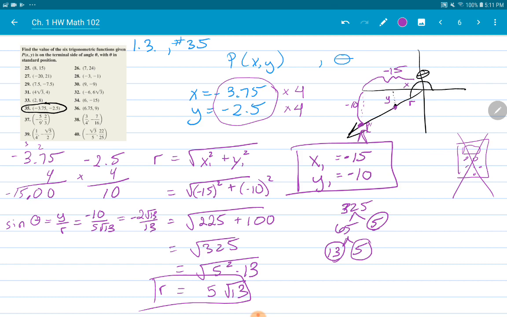Let me double check that's right. Yeah, that's right. And then the cosecant of theta is the reciprocal of that, so that's going to be negative radical 13 over 2.